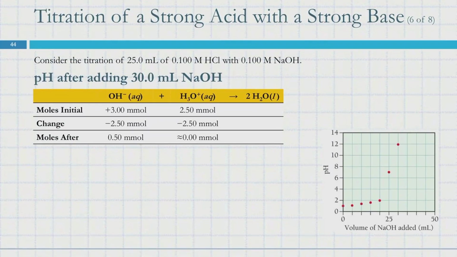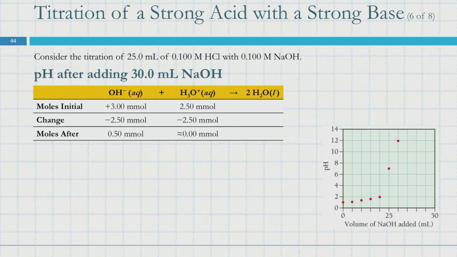If we go 5 more milliliters, now 30 milliliters times 0.1, we've added 3 millimoles of hydroxide. We still have the same initial moles of H3O plus.